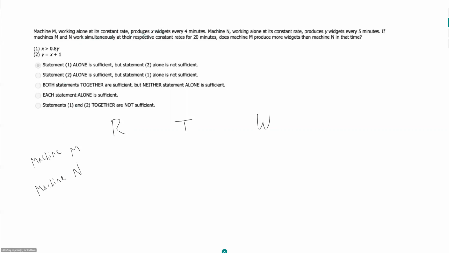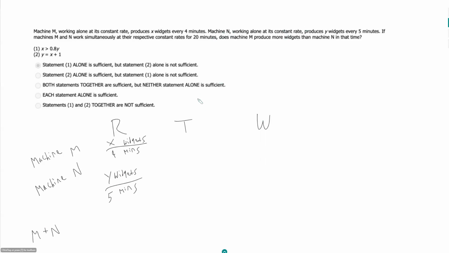So we know machine M's rate is X widgets per 4 minutes. And then N's rate is Y widgets per 5 minutes. So then we have this sort of third component, which is M and N working together.